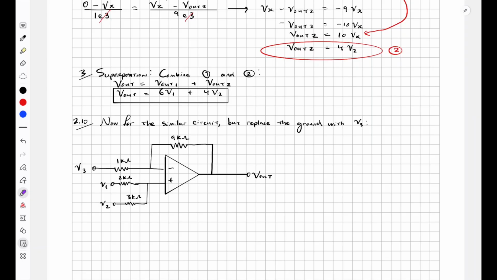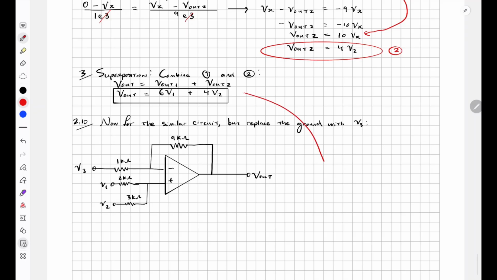We could solve superposition 1, then superposition 2, and then superposition 3. But since in the previous problem we already did the first two superpositions, we can skip straight to the third superposition now.